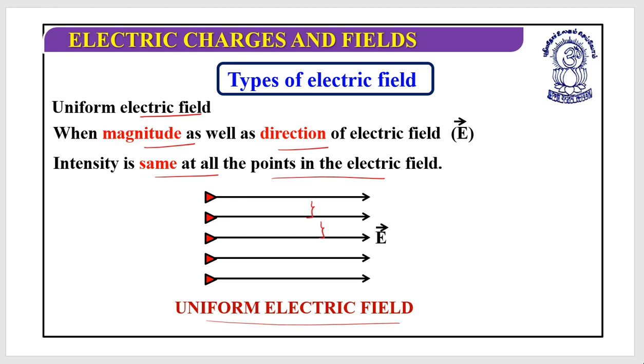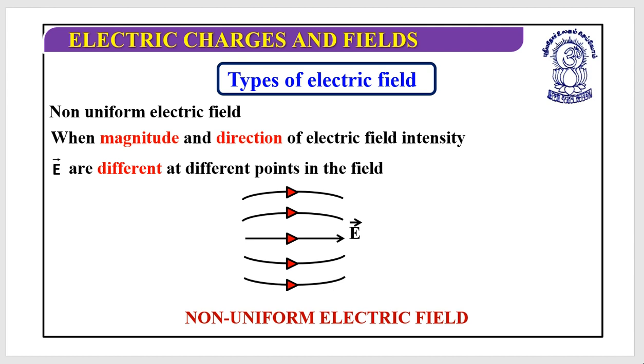The separation between two lines at every place is equal. As I know, field is a vector quantity, so it should have the same magnitude as well as the same direction. So if the magnitude and direction of the electric field are the same, then that electric field is known as the uniform electric field.